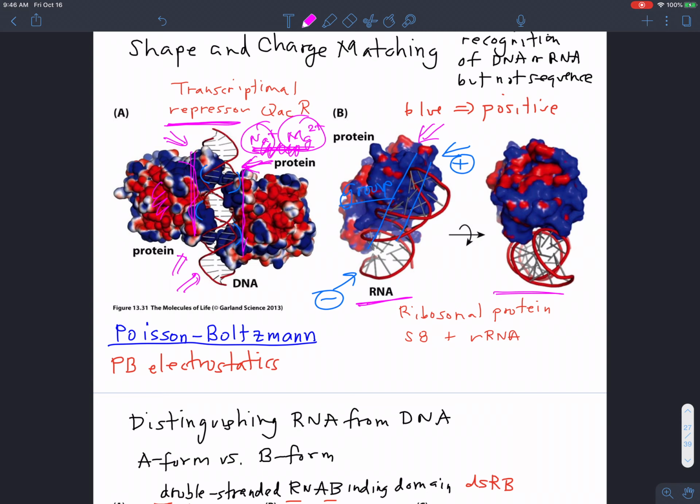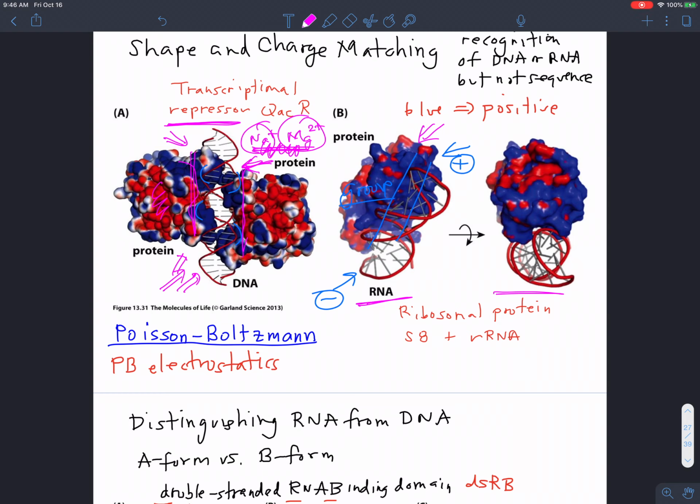So the net overall effect, I'm sure it varies a lot from case to case, but the net overall effect probably is fairly favorable for the electrostatic interactions between a positively charged protein and a negatively charged DNA. But most of the interaction is going to be counterbalanced by the need to pull away the solvent.